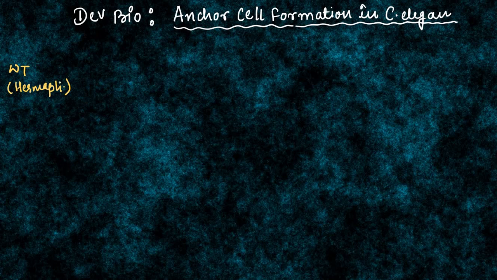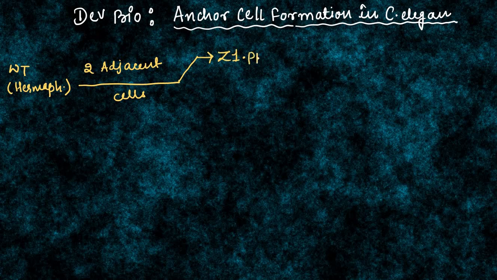What has been seen is that in a wild type hermaphrodite there is an existence of two adjacent cells. Two adjacent cells are there and they are named Z1.ppp and the second one is Z4.aaa.